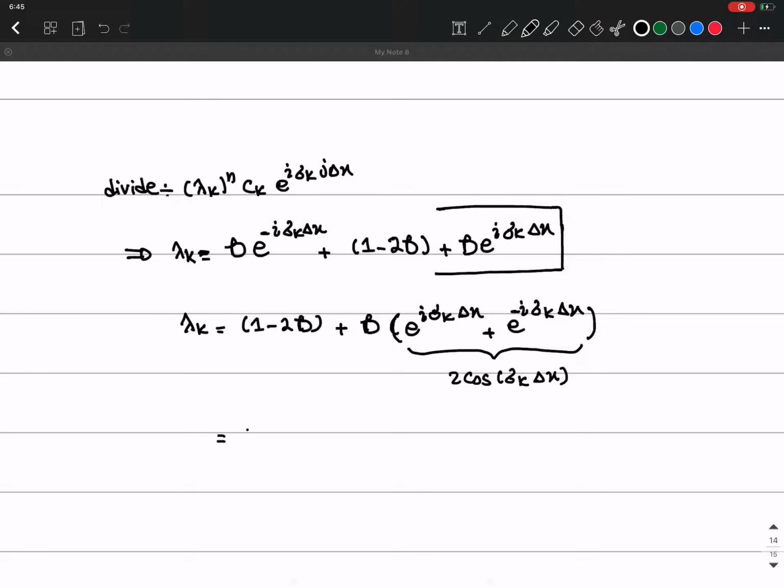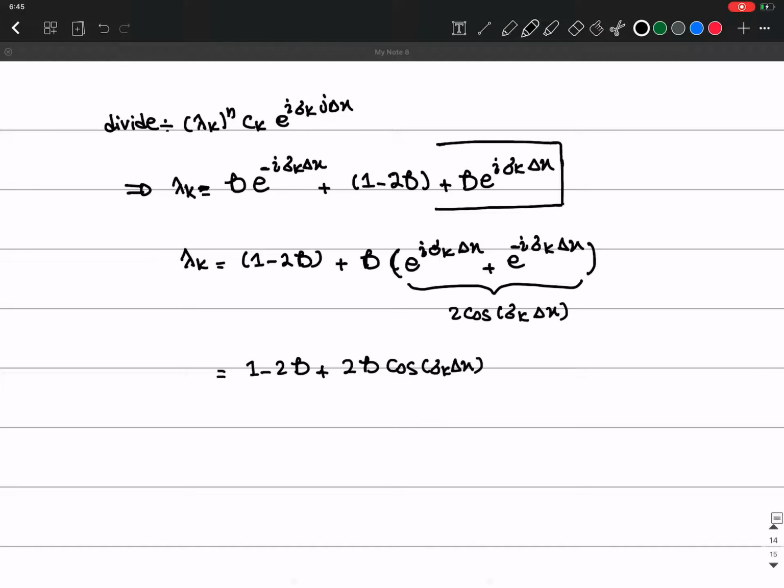Therefore, I am left with 1 minus 2d plus 2d cosine sigma_k delta x, and this equals 1 minus 2d (1 minus cosine sigma_k delta x). And based on some trigonometric relations, you can write this as 2 sine squared (sigma_k delta x over 2). Okay.